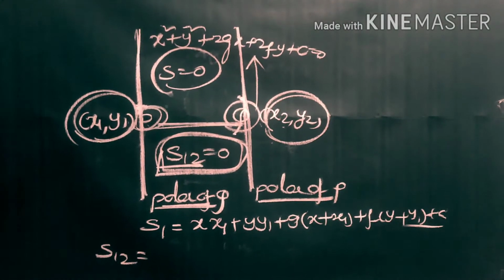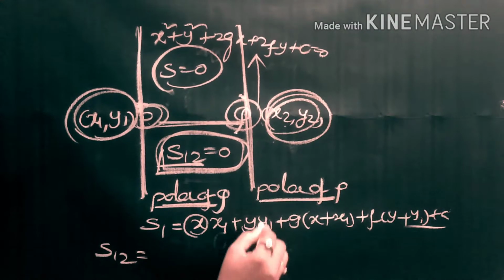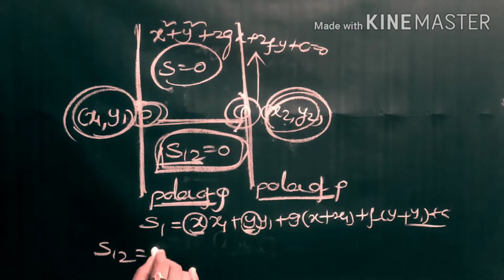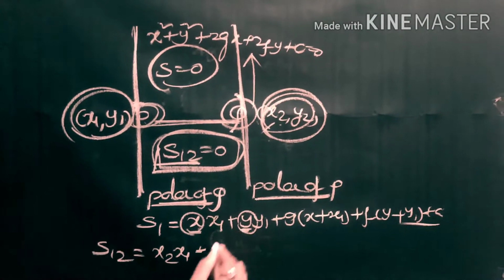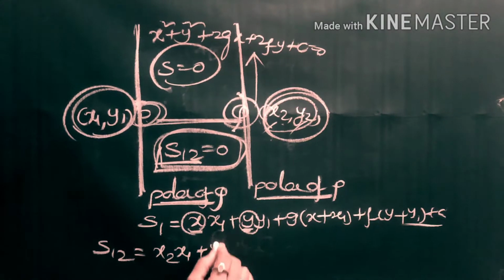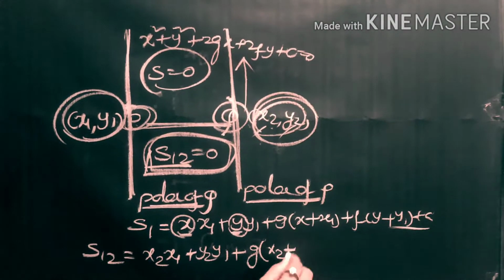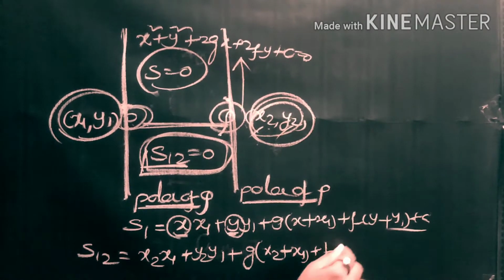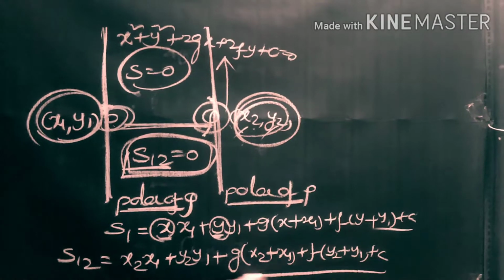S12 notation means in this notation we are substituting the point x2 y2 in place of x comma y, that is, in place of x we take x2 and in place of y we take y2: x2 x1 plus y2 y1 plus g into x2 plus x1 plus f into y2 plus y1 plus c. This is the S12 notation.